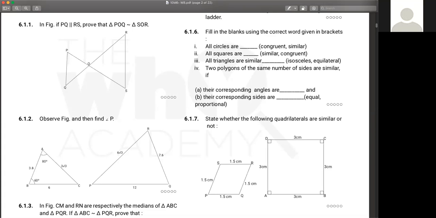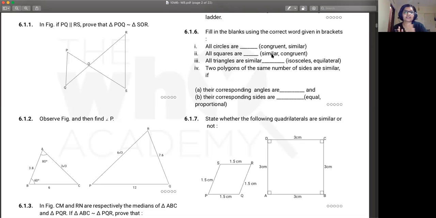Different sizes. So will they be congruent or similar? Similar. Okay, so that's how you gotta figure it out. All right. Next, Anshul Aditya. All squares are similar. Absolutely good.